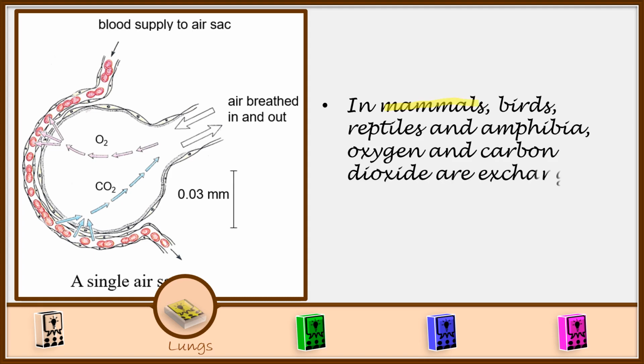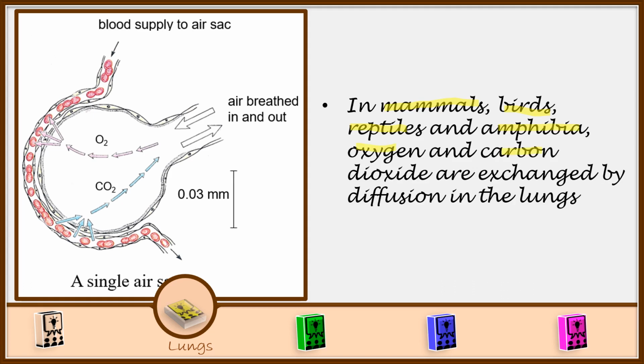In mammals, birds, reptiles, and amphibians, oxygen and carbon dioxide are exchanged by diffusion in the lungs.